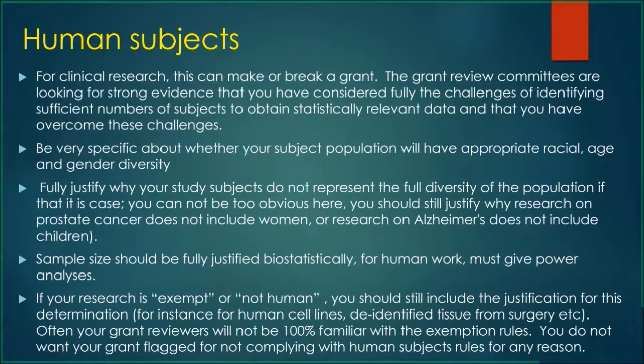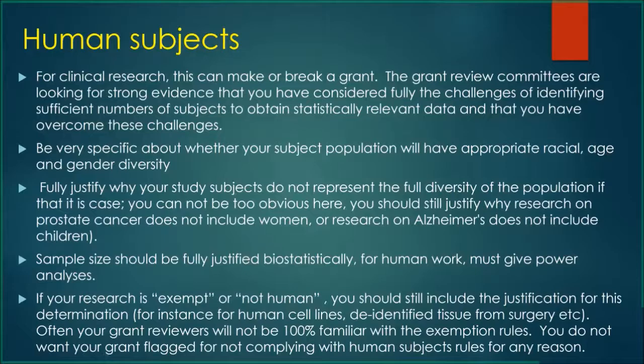Again, you want to justify your sample sizes biostatistically. You definitely want to give your power analyses. Also, you might be doing research that is exempt or not human, and you really want to include the justification for this. For instance, while human cell lines or de-identified surgical tissue is considered not human, the reviewers may not be familiar with those exemption rules.